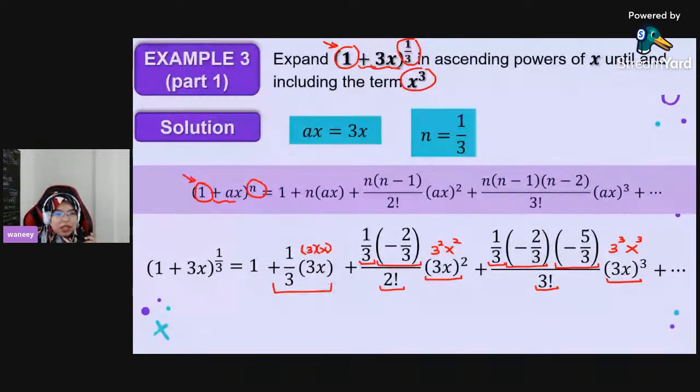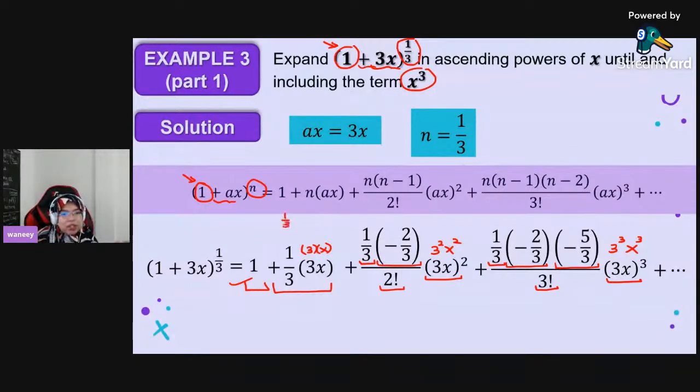The second term is already settled. No need to change anything, just copy 1 back. But 1 over 3, you should times with 3, and the x we just copy. So 1 over 3 times 3, put a bracket, so it will become 1.